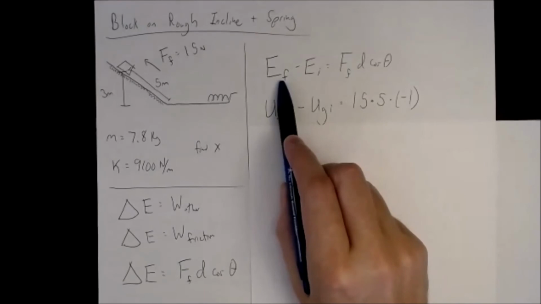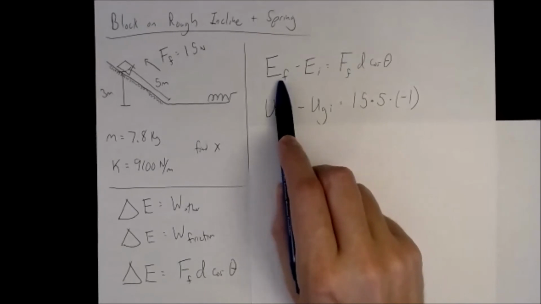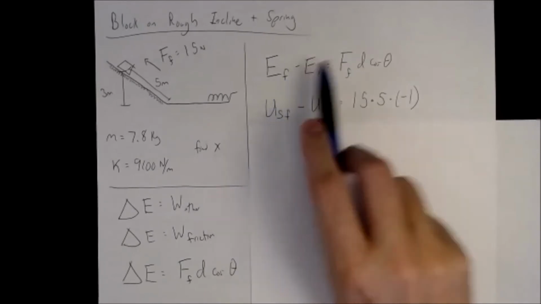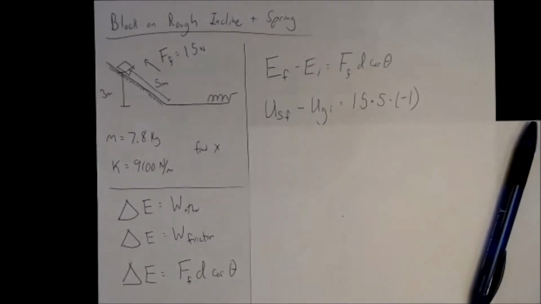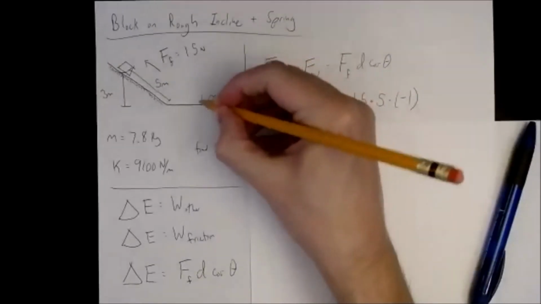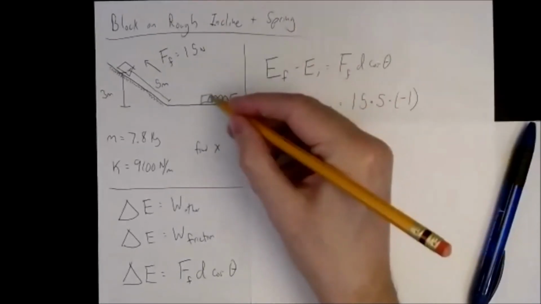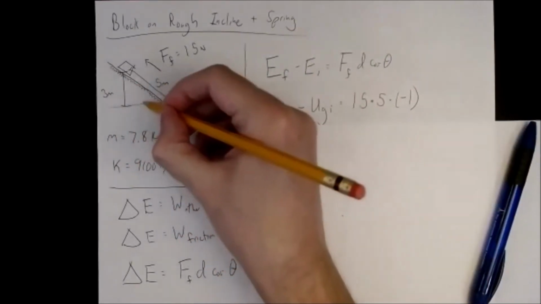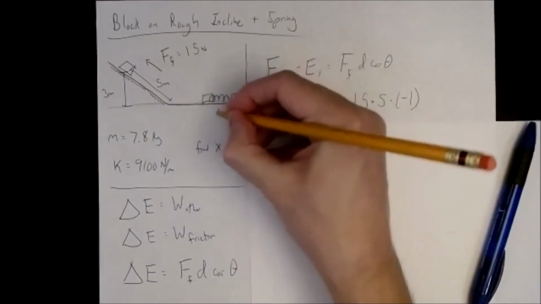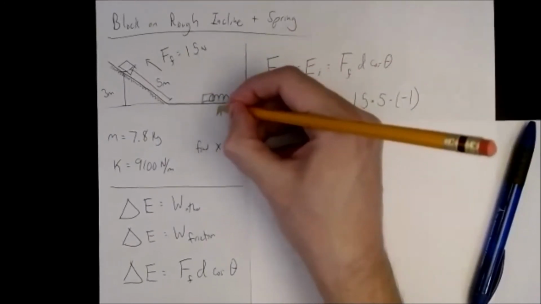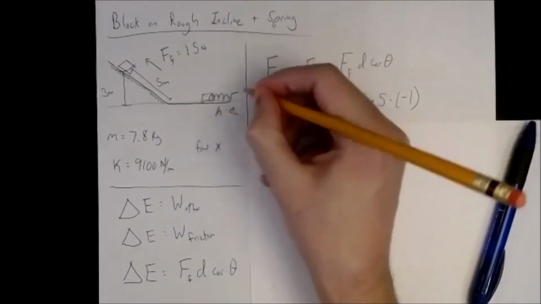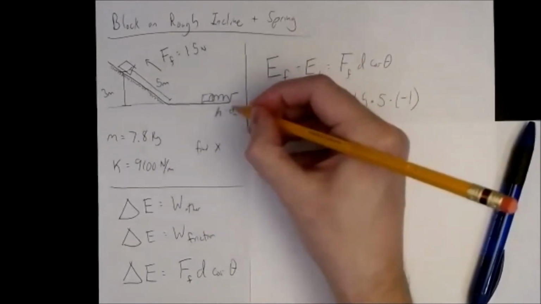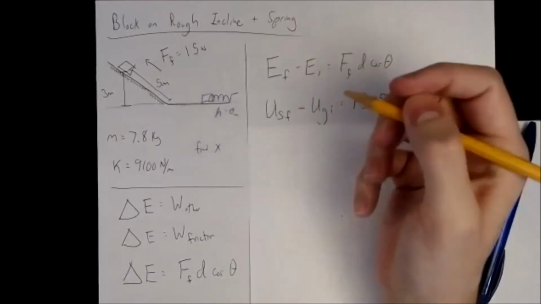Energy final. We have to decide what to plug in for energy final. Well, the final state of this problem is when the block has come in there and compressed the spring a little bit. Now, if we choose there to be H equals 0 or Y equals 0, however you want to do it, the ground is 0 meters.